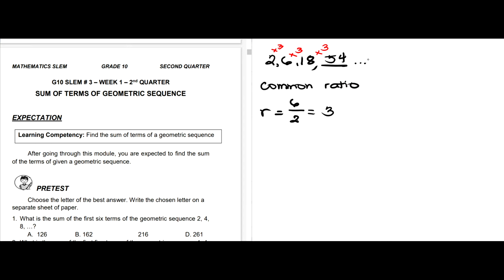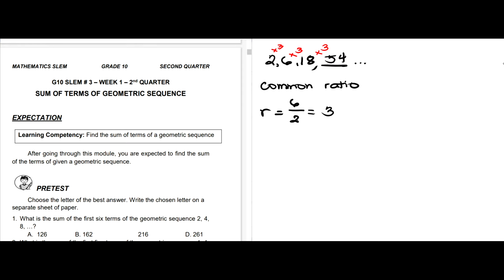Now, what we are going to do is get the sum of this geometric sequence. We simply add them to get their sum. So, 2 plus 6 is 8, plus 18 is 26, plus 54.